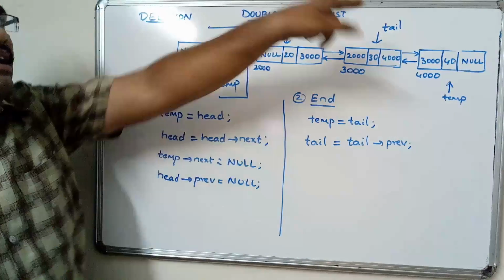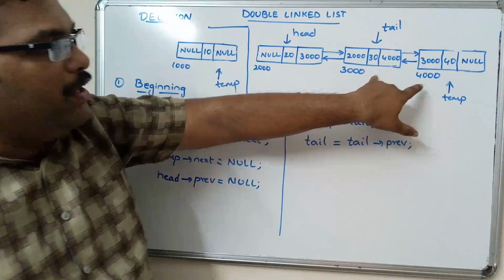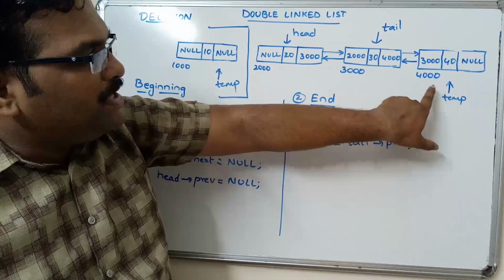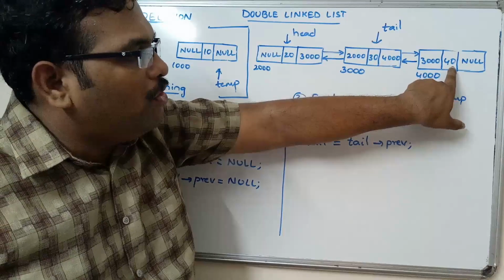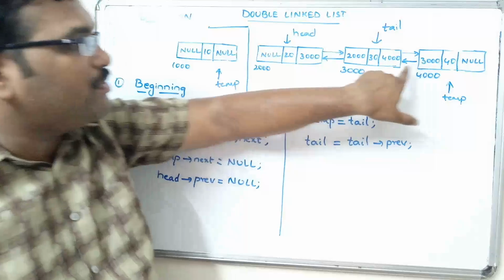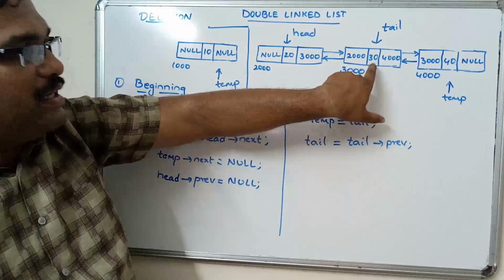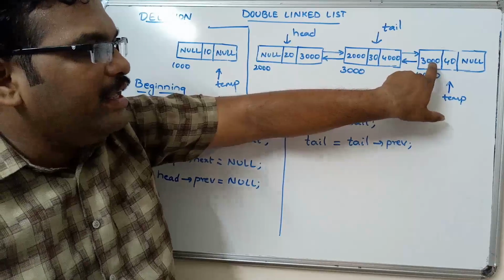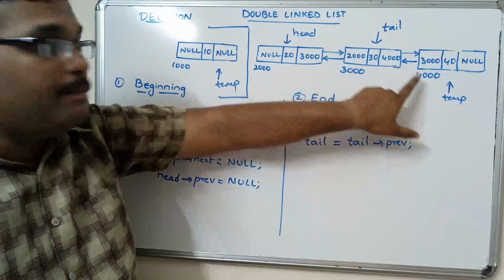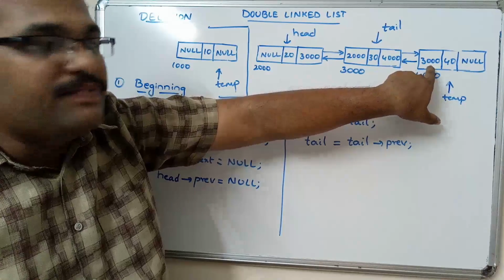So if it is a tail, the tail of next should be null. And before going to that, the temp, that means 4000, that 40 node's previous is holding the address of the 30, right? Here there is a 3000 which is the address of 30. That means there is still a link between the last node and the tail, the temporary node and the tail. Now we have to place null at the previous field of 40.